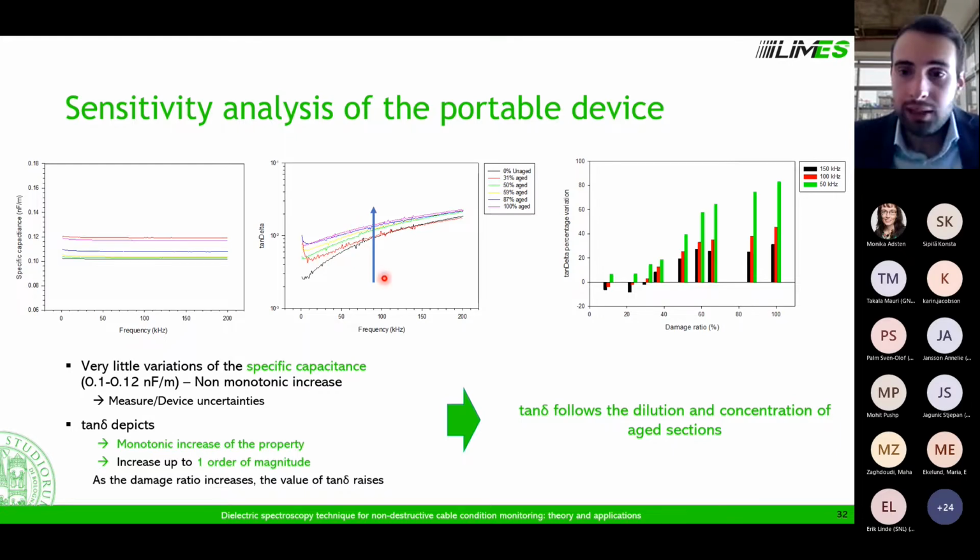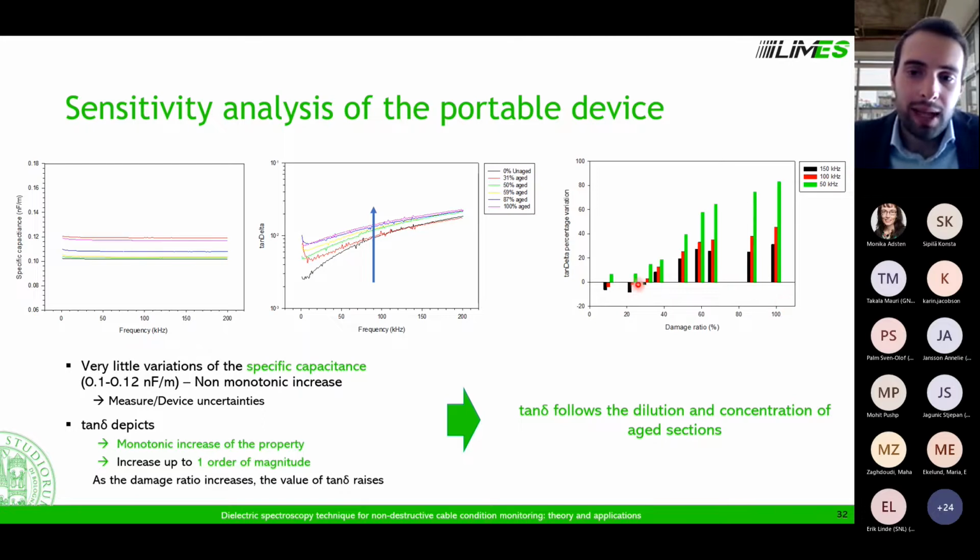For a better view of these results, I've also reported the tangent delta percentage variations as a function of the damage ratio for three different fixed frequencies. And as you can see, depending on the frequency considered, we have a monotonic increase of the property as we increase the concentration of aged parts.